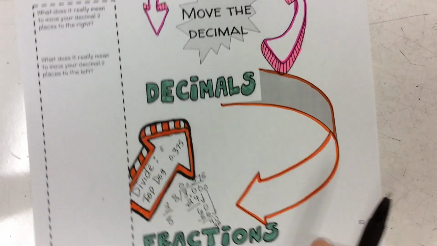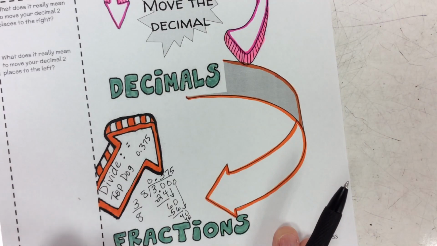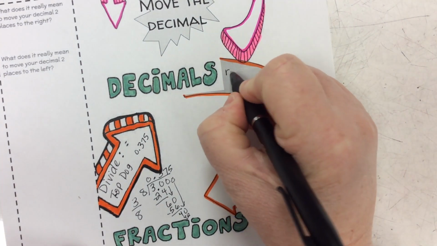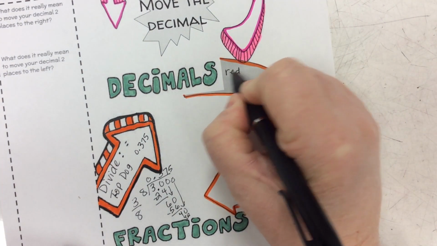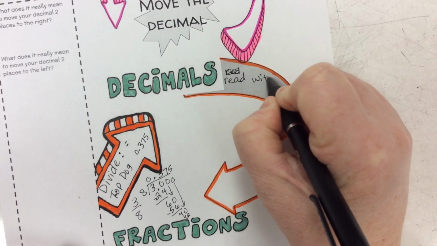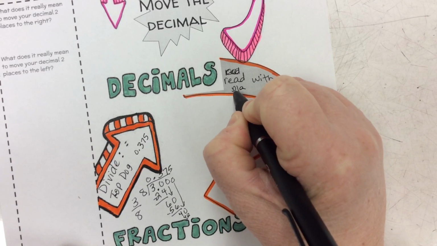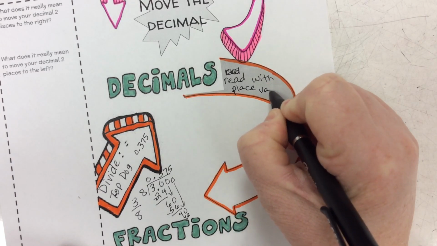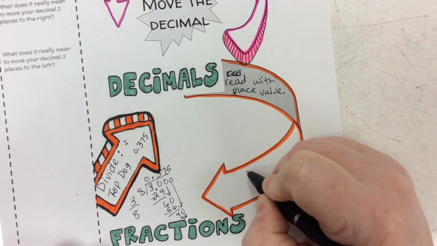Well, we just read it with place value. So I'm going to write down, read with place value. Then simplify.